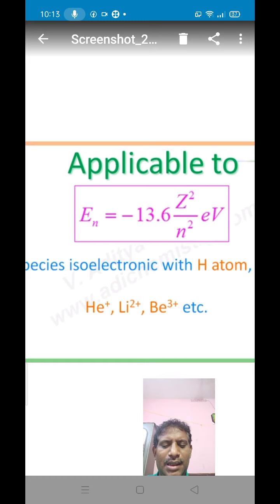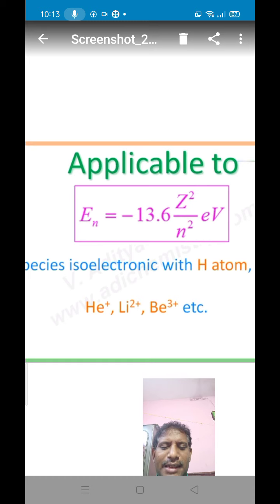That means Bohr's theory successfully explained the spectrum of hydrogen atom and species having one electron. That means it explains the spectrum of helium plus, lithium 2 plus, beryllium 3 plus.